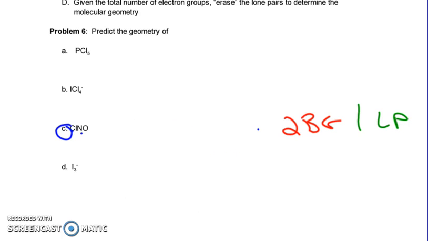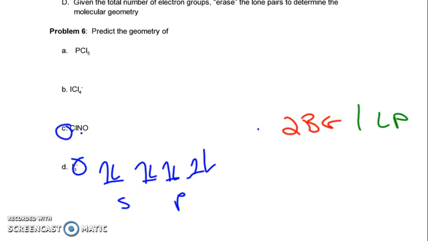Okay. All right, so now what do I do? Probably letter D. I want to show you again the orbital notation for iodine. So here is iodine. Here's my s and p. But notice I have another negative, so I'm going to put it down here. Now what are you saying? Uh-oh. There's no room. There's no bonding atom.